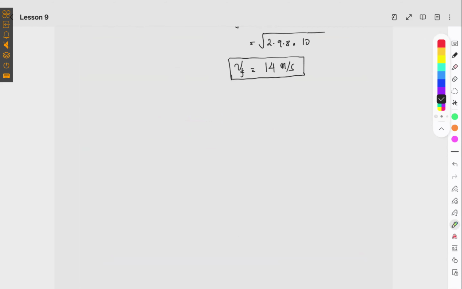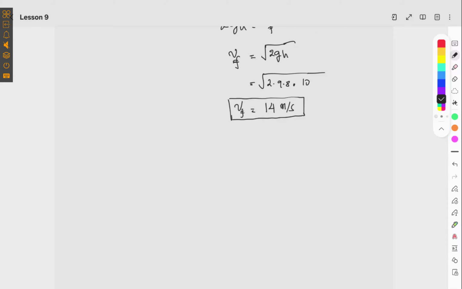The work done by gravity is simply the negative change in potential energy.